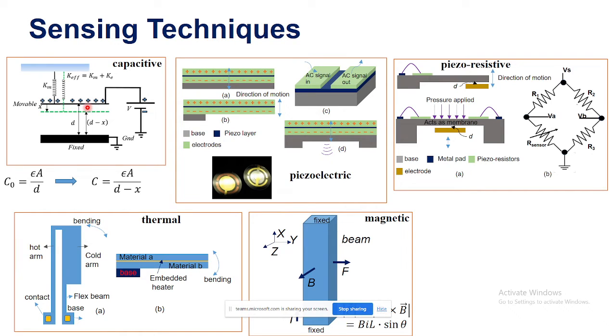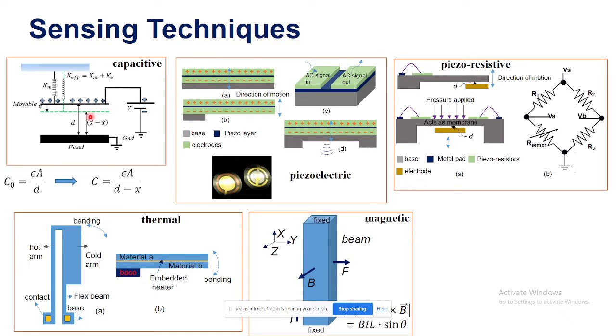Because of this force, the top plate will move a small distance, as indicated by the green line, and the original capacitance, which was epsilon A over D, now becomes epsilon A over D minus X. So we see that as the distance decreases, the capacitance increases.